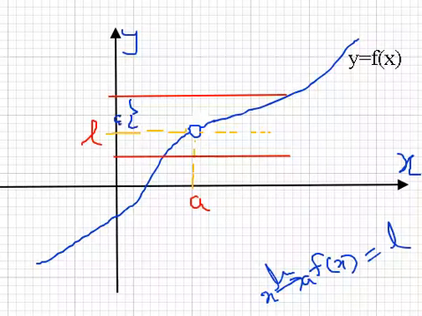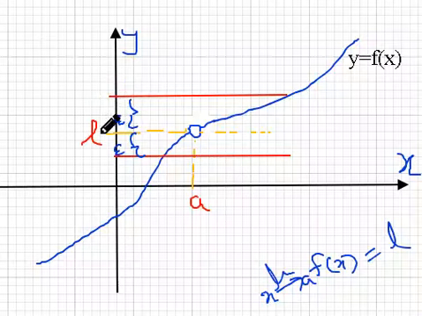This length is epsilon, and this length is also epsilon, and the length of the entire vertical strip is 2 epsilon, right? So this is a ribbon around the value of L. If I choose any ribbon around the value of L, here epsilon is any positive number.